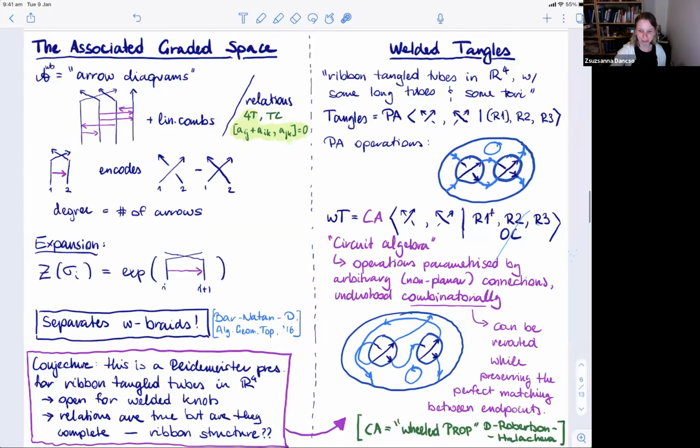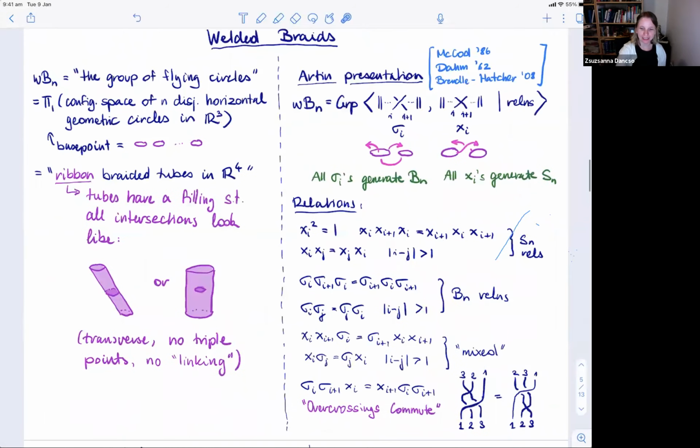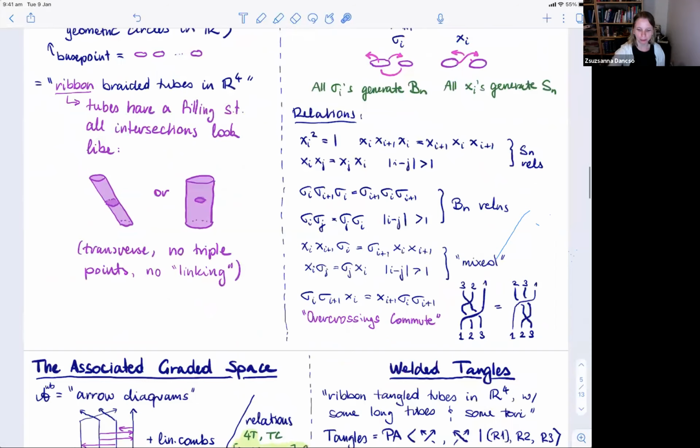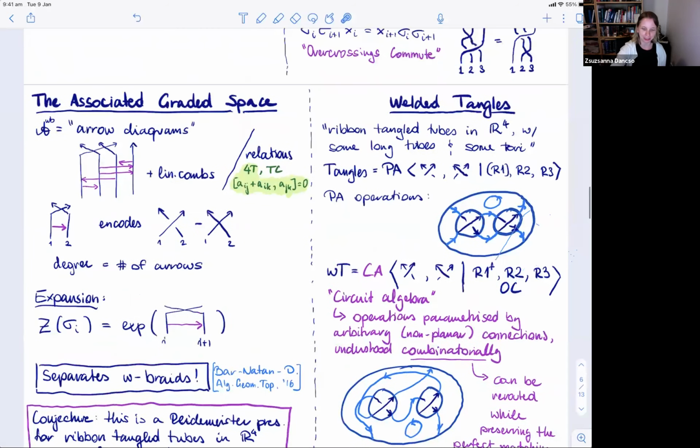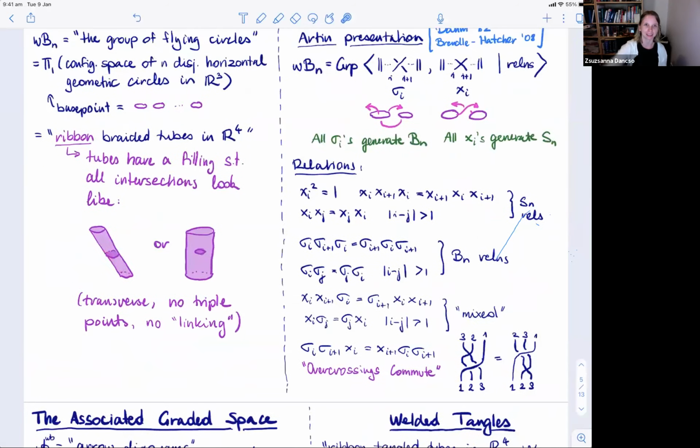So for welded braids, we had this Artin presentation theorem, but for welded tangles, that's not a theorem. It's only a conjecture that this combinatorial or algebraic presentation actually represents ribbon tangled tubes in R4. So tubes in R4 that are not necessarily ascending, but the same.